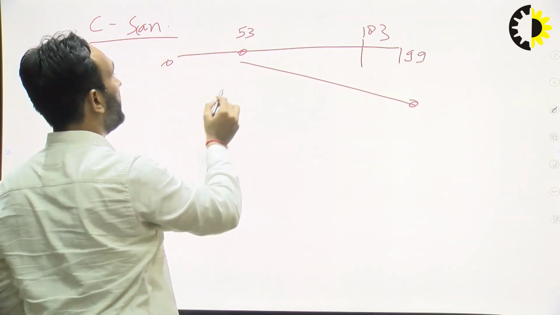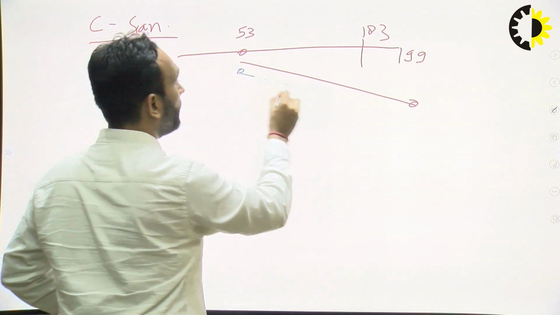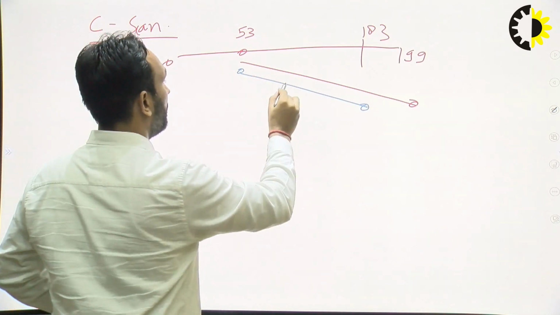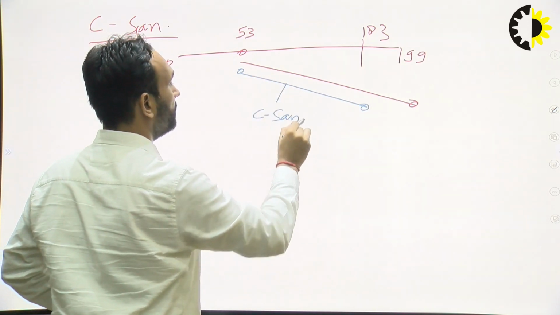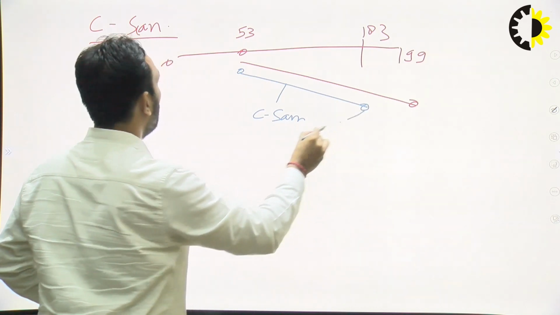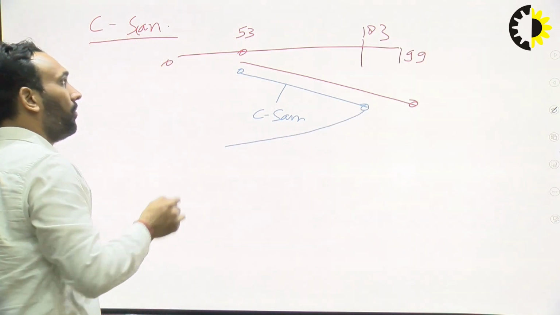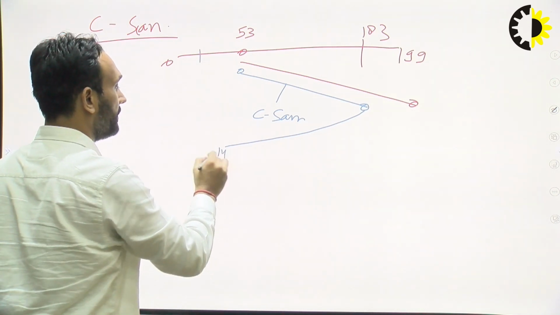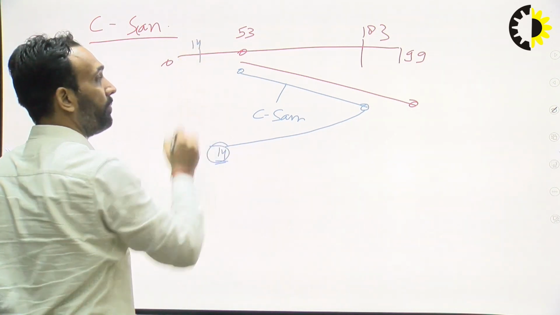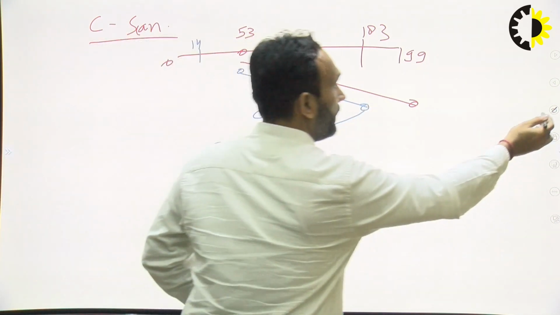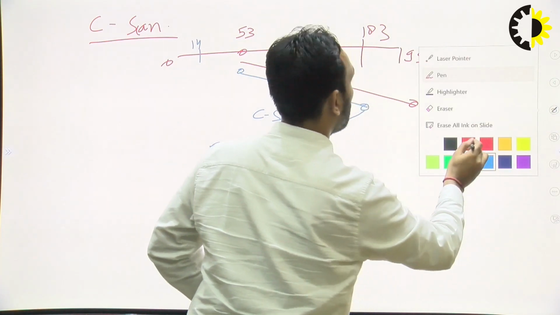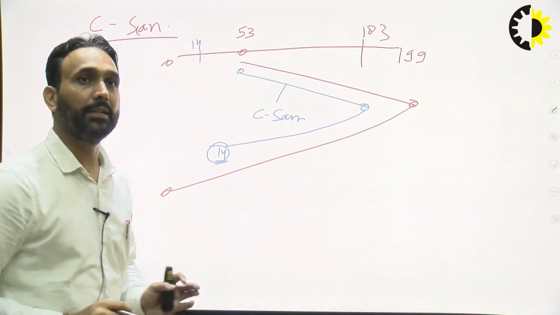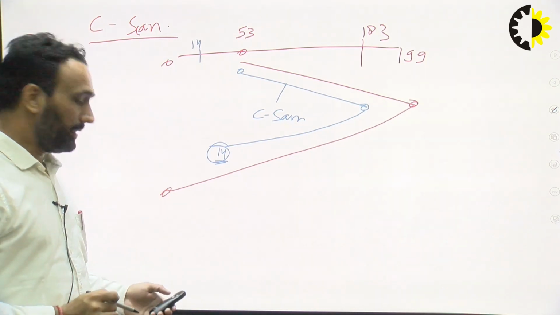but in the case of C-SCAN it will move from 53 to only 183. And it will move in the other direction only till the last head location, that is 14. But in the SCAN method, it goes to 0. That is the basic difference between the SCAN method and the C-SCAN method.